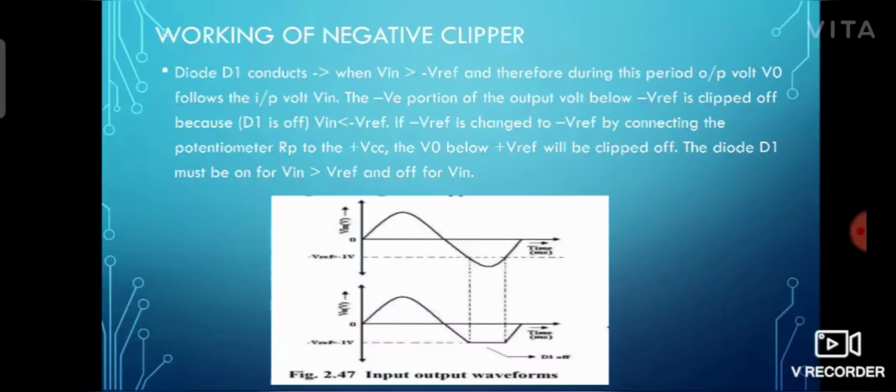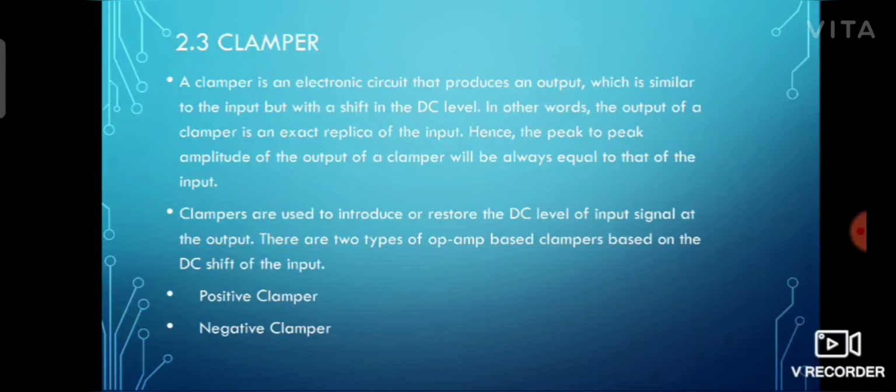So the diode becomes off when the input is less than minus 1 volt, and the portion lesser than minus 1 volt is clipped off from the negative half cycle of the waveform.